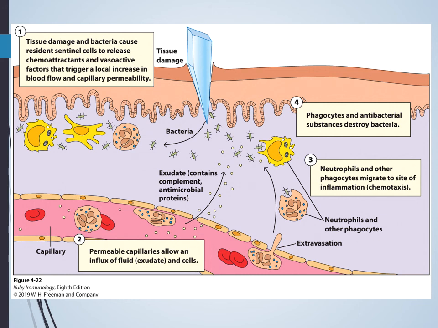So when we get vasodilation, it actually opens up the blood vessel and makes it bigger. That allows for more blood flow through the area, which means we're going to get more cells through the area, right? So more blood flow brings more potential immune cells into the location.